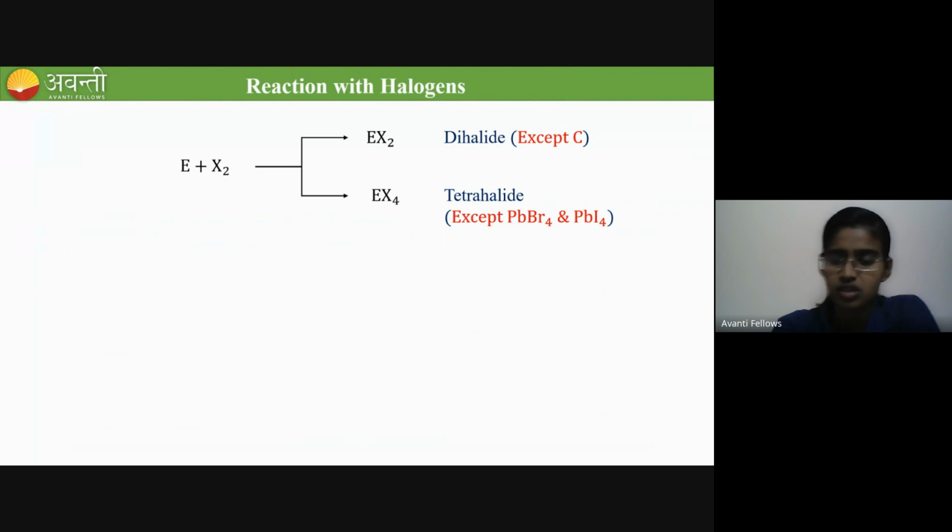Okay, why is it not there? Can anyone tell me? Why can lead not form 4 bonds with halogen? Why is there an exception for lead alone in this case? Any idea? Why is lead not forming tetrahalides, but it is able to form dihalide?